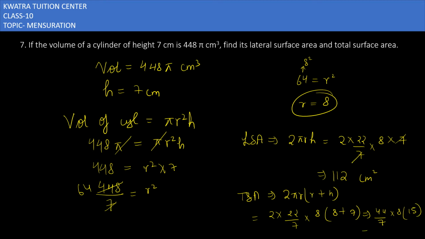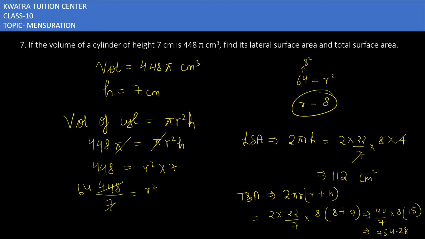Yeah. Then you have to multiply it and divide it with the value. It will give you answer as 44 into 8 is 352, and then you have 7, then we have 15 involved. So it is coming out to be 754.28.